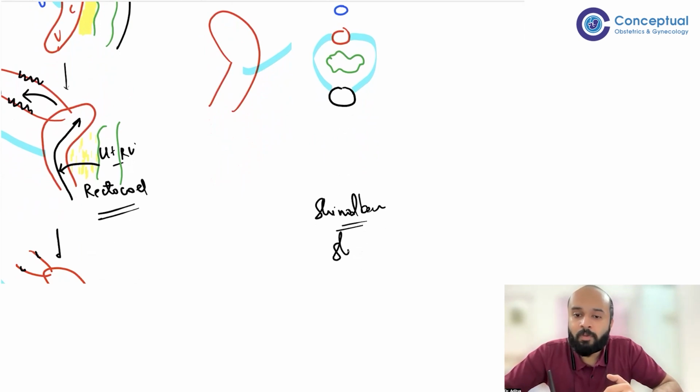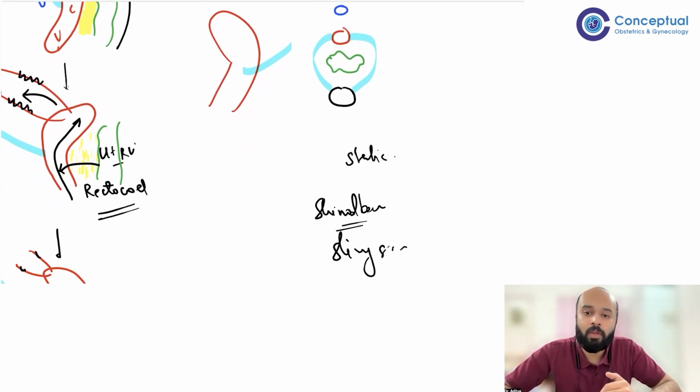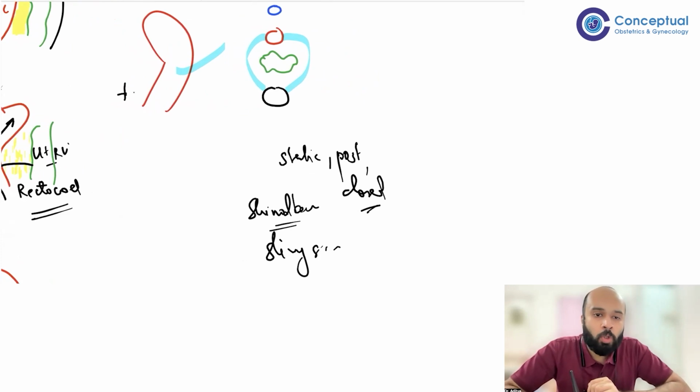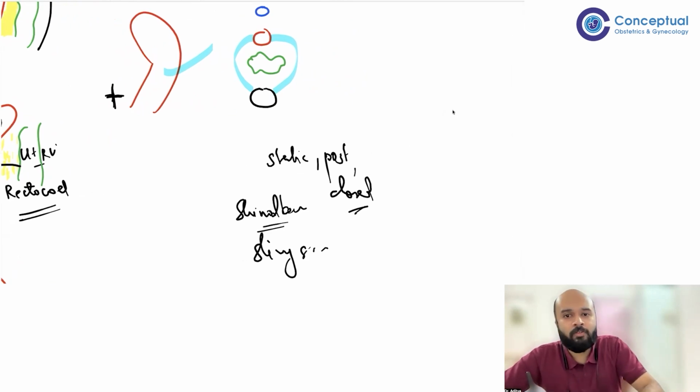But this, by the way, was Shirodkar's sling surgery, which was a static posterior closed loop surgery. So, to combine both the benefits and advantages of the surgery, half anterior, half posterior.